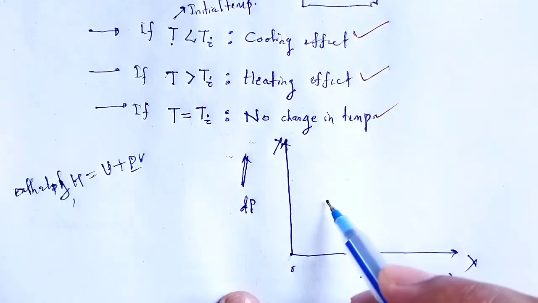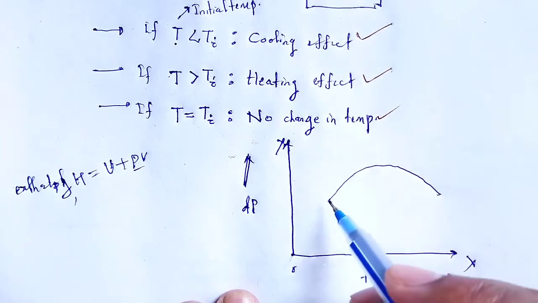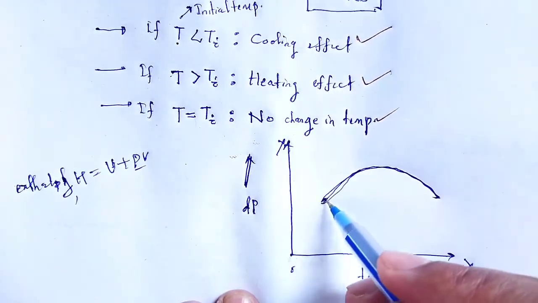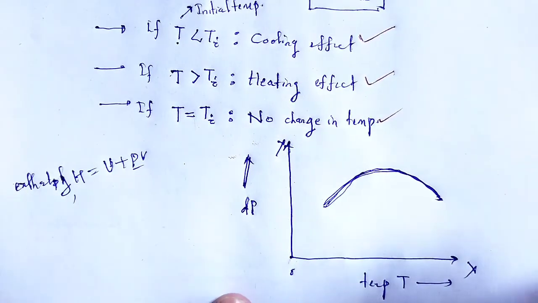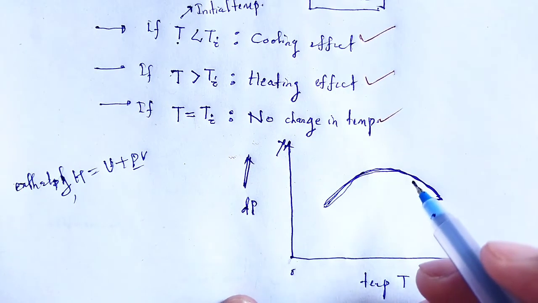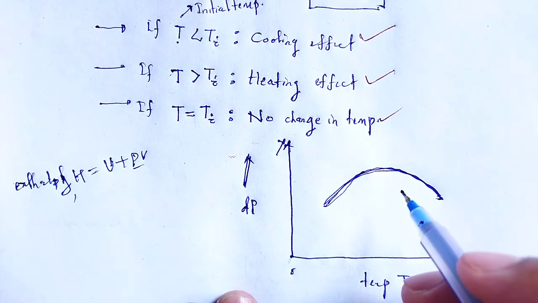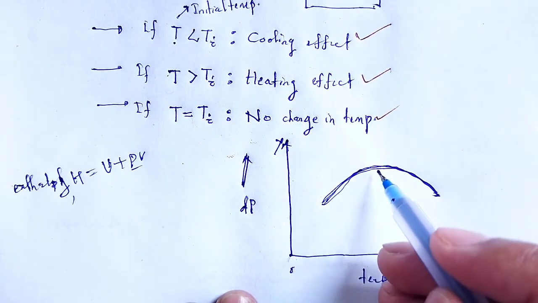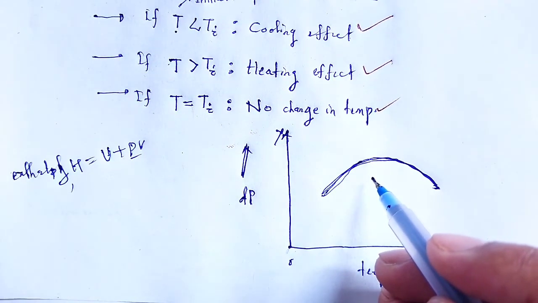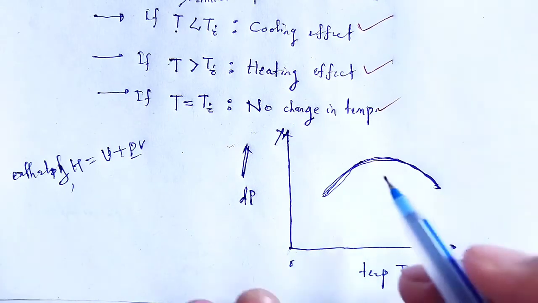If we plot the graph, at all points enthalpy is constant. The curve obtained in that graph is called the constant enthalpy curve or isoenthalpy curve.